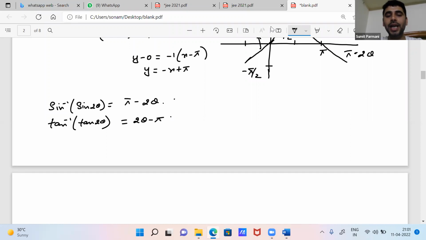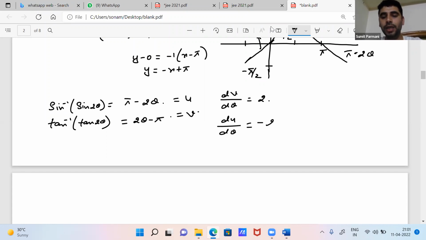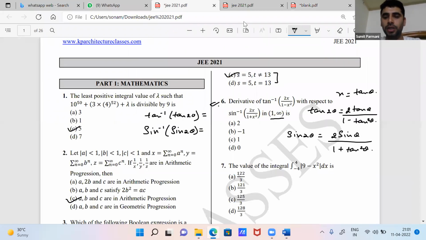Take the first as u, take the second as v. So we have dv by d theta equals 2, and du by d theta equals -2. According to the question, we have to find the derivative of tan inverse tan 2 theta with respect to sine inverse sine 2 theta.